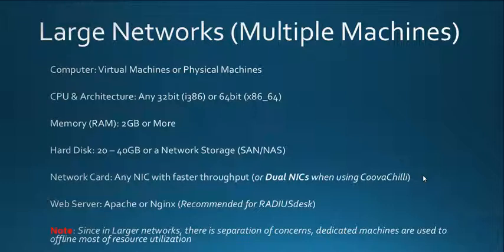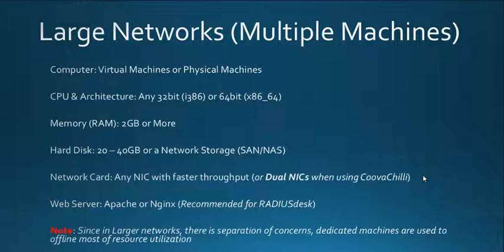You need any 32-bit or 64-bit machine to run part of your applications. You need 2 gigs or more of RAM, hard disk 20 to 40 gigs, or if you're running a very large network, then you must have also separated your storage infrastructure. So I'm talking of storage area networks or network attached storage and all that.